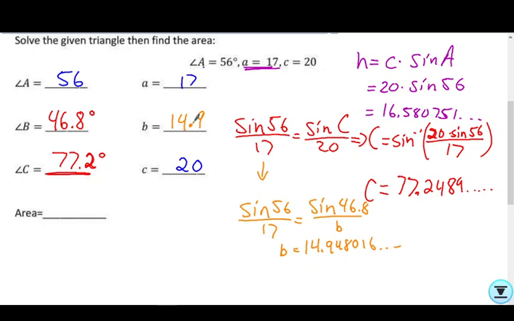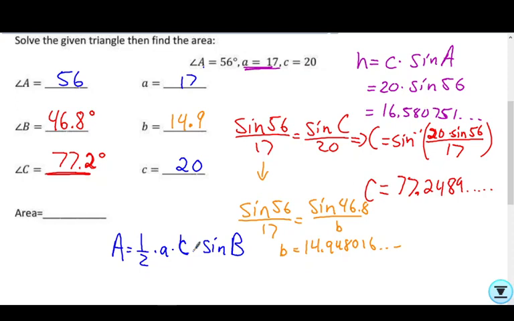So there's my triangle solved. The next thing to do is find the area. To keep my rounding error to a minimum, I'm going to use this equation: area equals 1/2 times C times the sine of B. So I'm going to use that area equation, and you just plug in your sides.